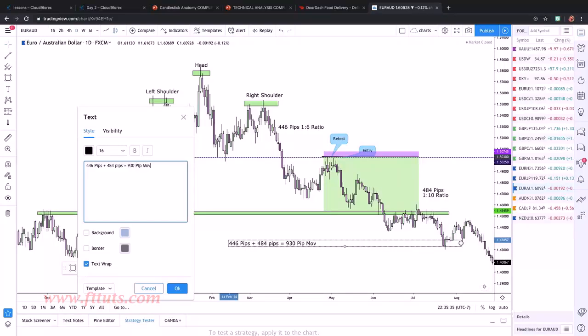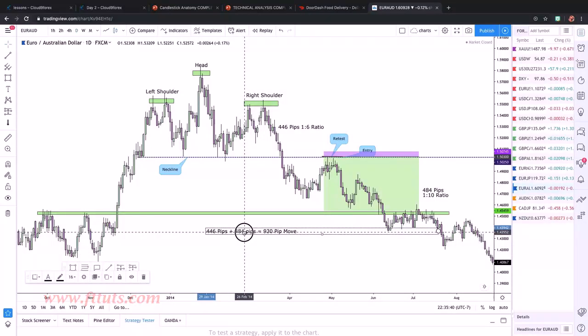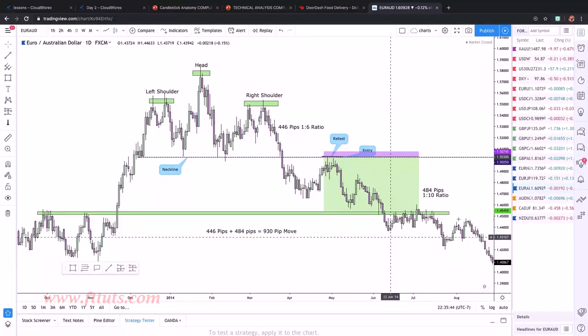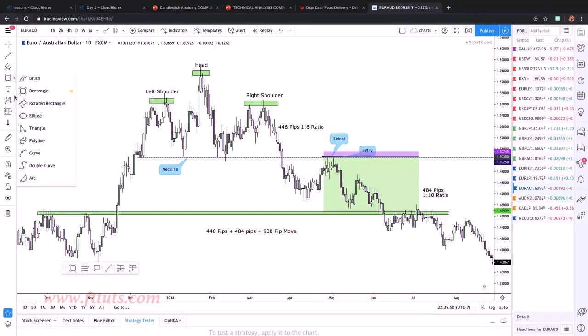So this is why swing trading is lit. I look back at this and I'm like, wow, why didn't I catch this? But this was back in 2014, so I was not trading.